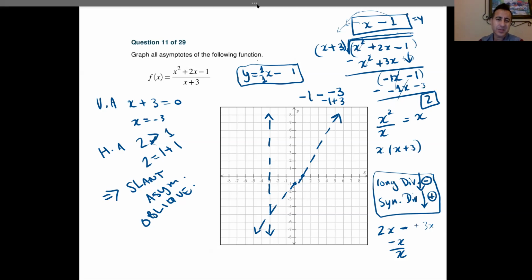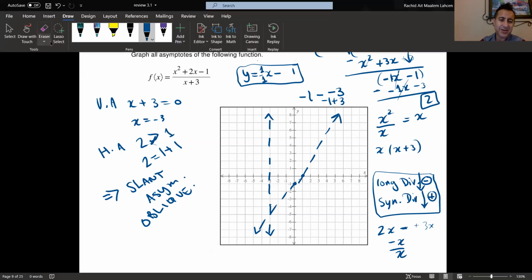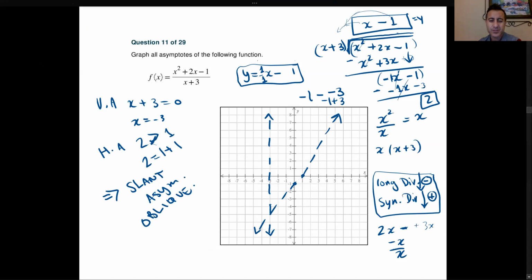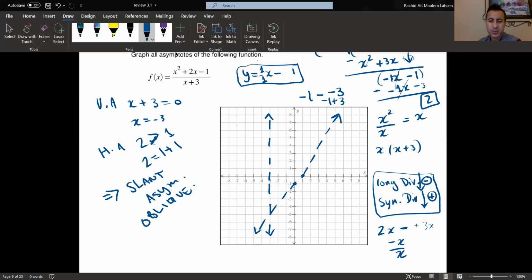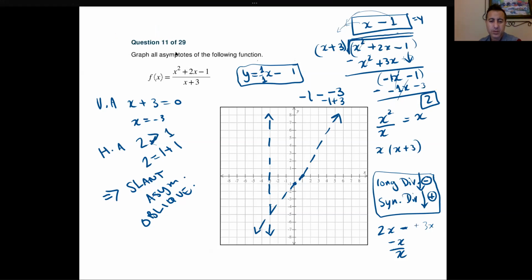All right, except that line is not that good. So again, if this question asks us to graph the function, then we want to pick up these values near the vertical asymptote so we know how it looks, right?